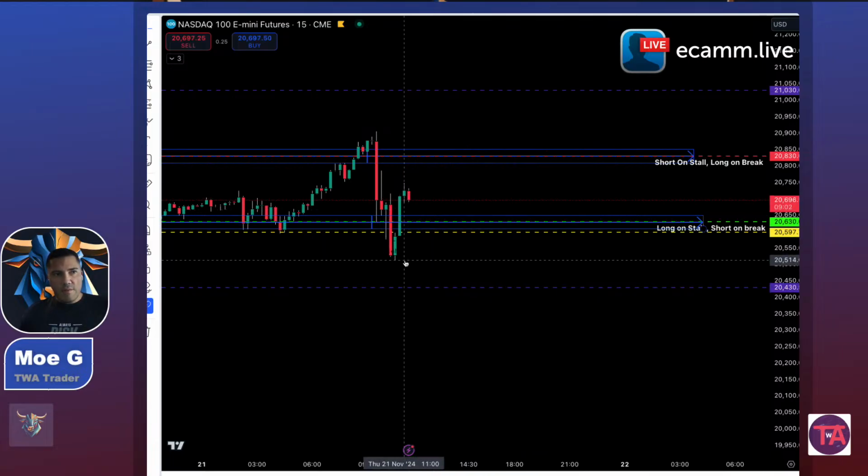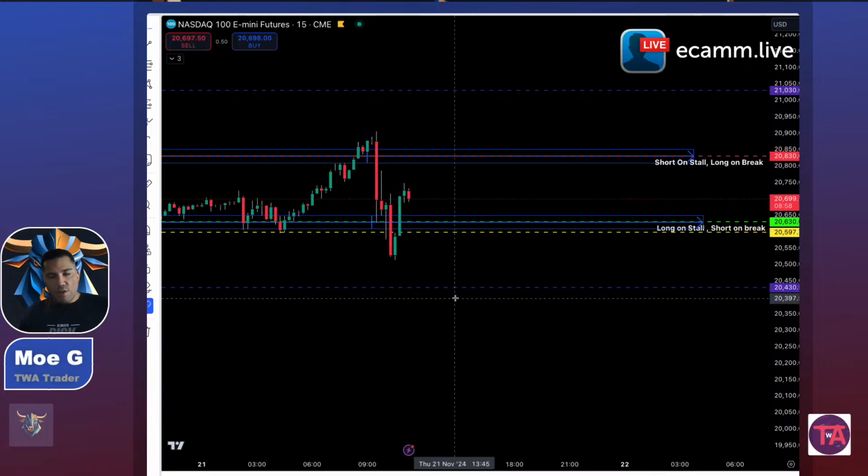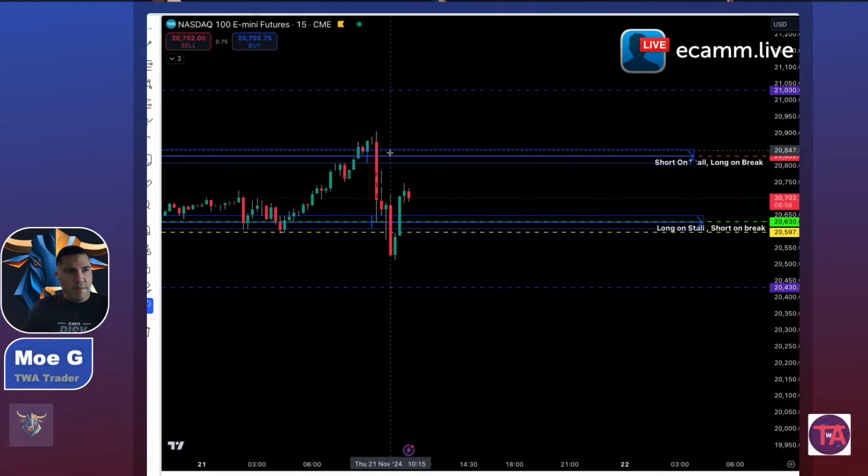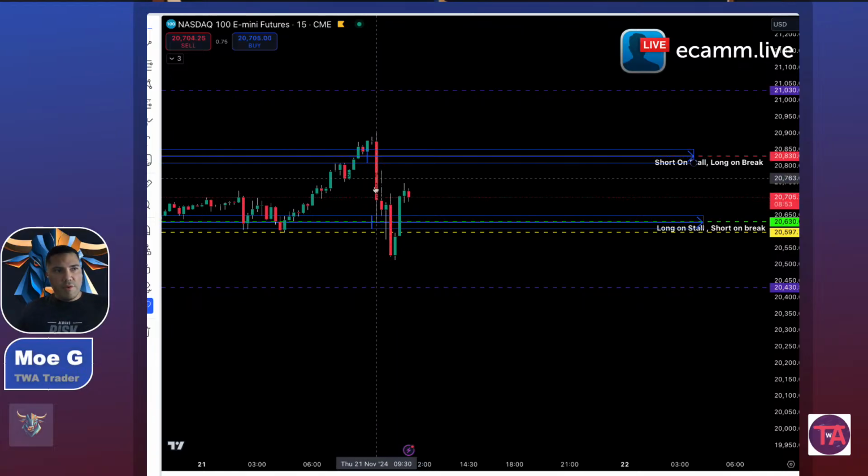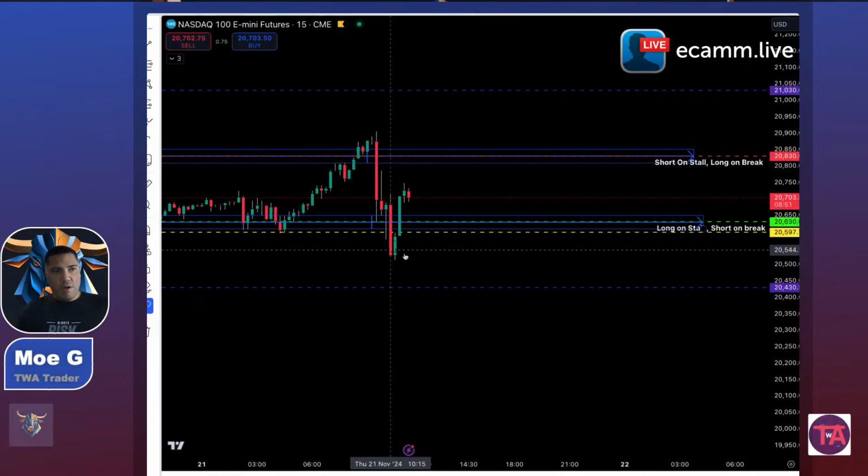If it breaks down, cannot get above it, then you look short. And this one just happened to completely break through here, it stalled out right there. That's where the bulls jumped in big time, and now we're here.